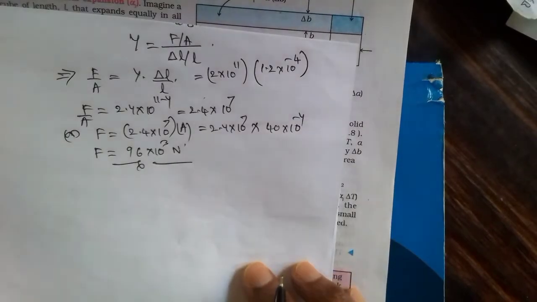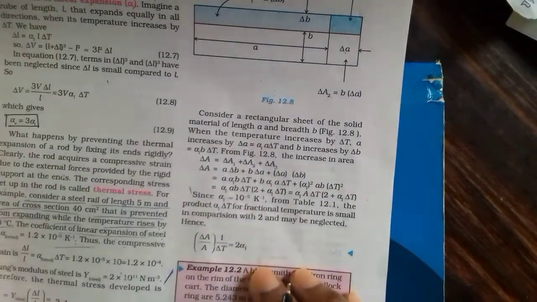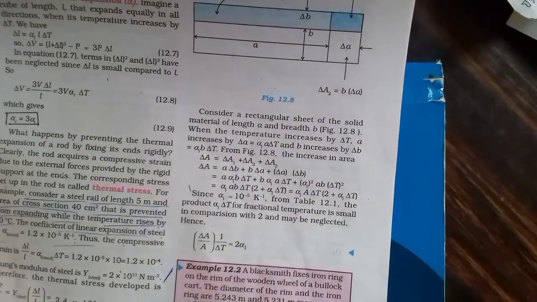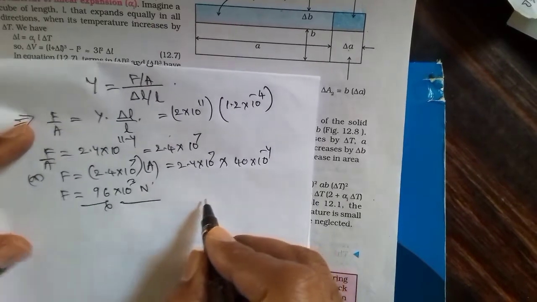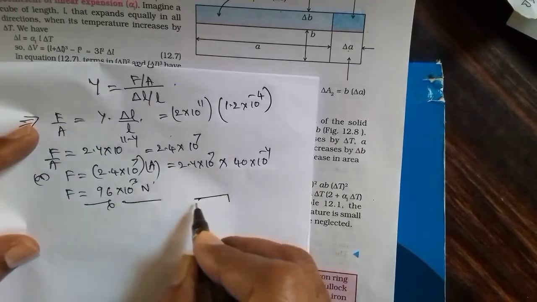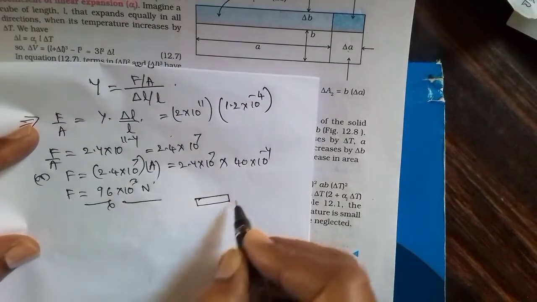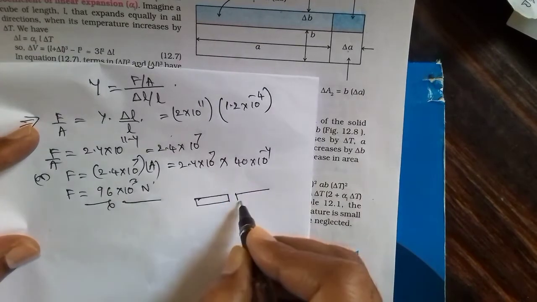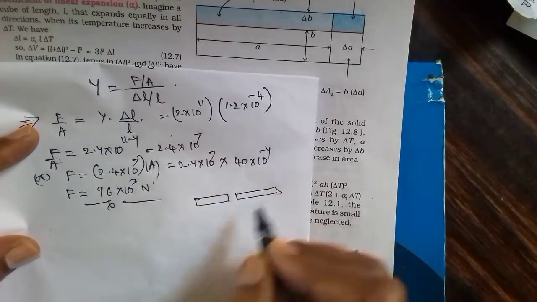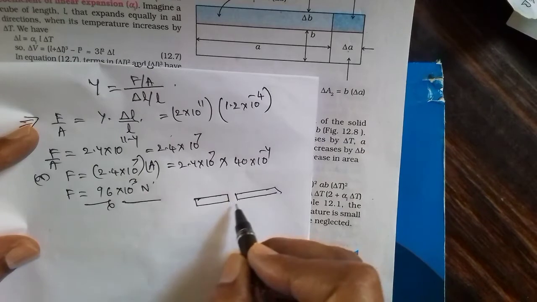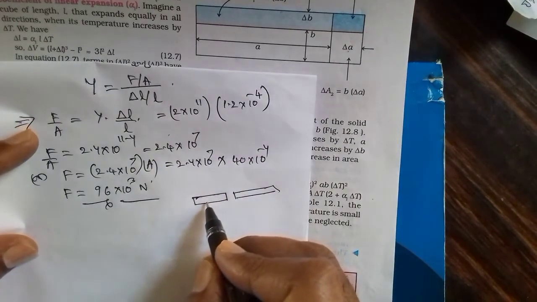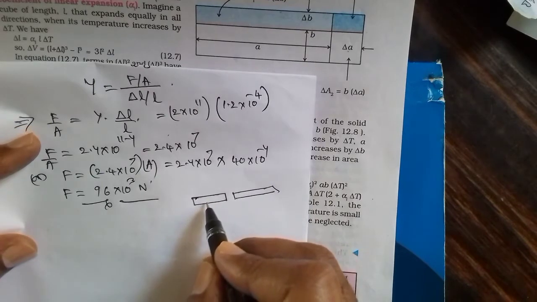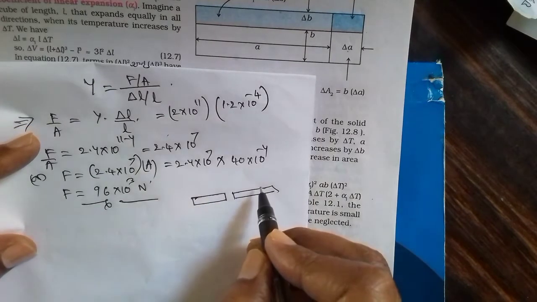Now let us see the effect. Between one rail and another rail, a gap is left so that if in the summer the temperature increases, they are allowed to expand freely.